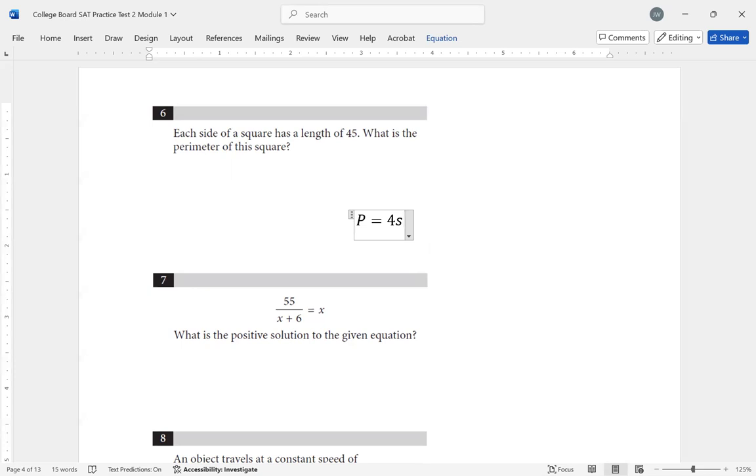You can also visualize that or look that up in the formula section of the actual test.